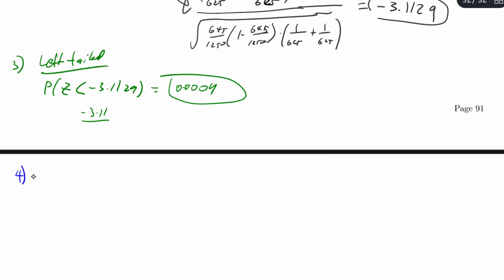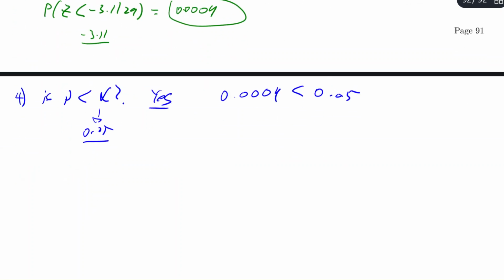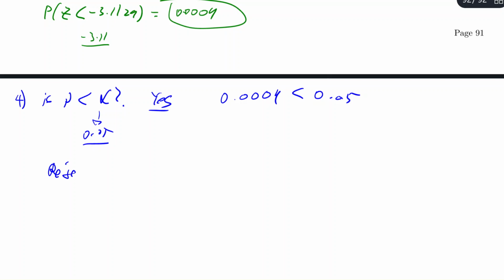So the fourth step is, is p less than alpha? Well, our alpha was 0.05 in this problem. Yes, 0.0009 is less than 0.05, which means we reject H naught.